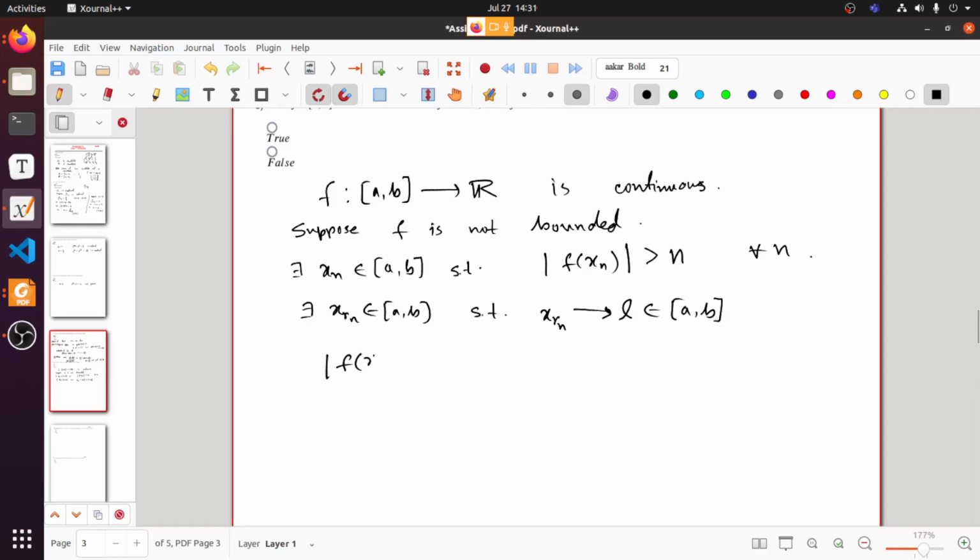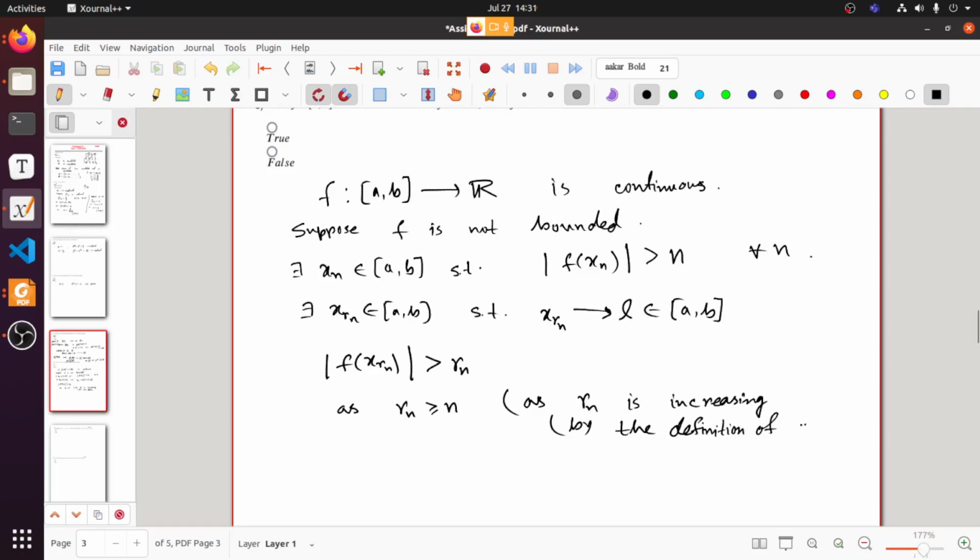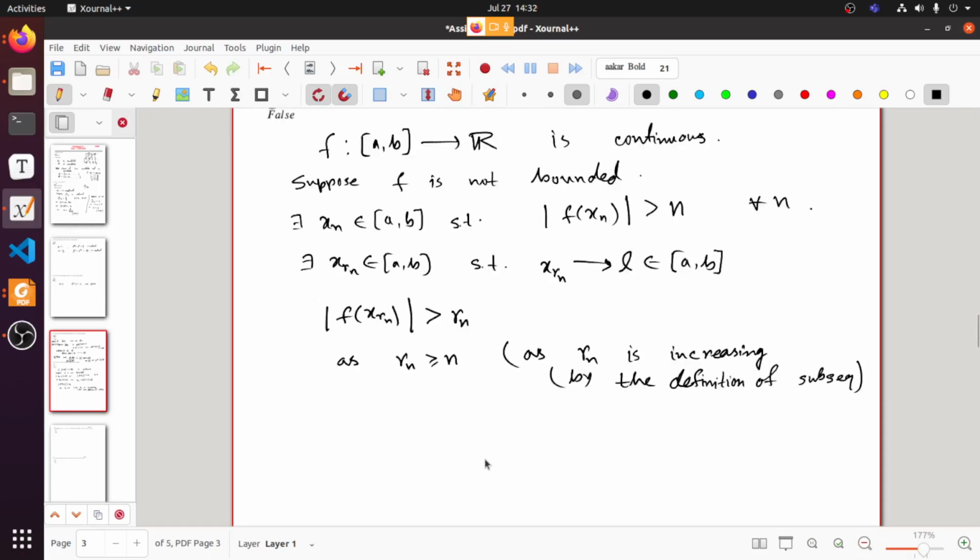So we get mod f of x_{r_n} is greater than r_n. And r_n are the indices of the subsequence, so r_n is increasing, and r_n is always greater than or equal to n, by the definition of a subsequence. So we get mod f of x_{r_n} is greater than n.